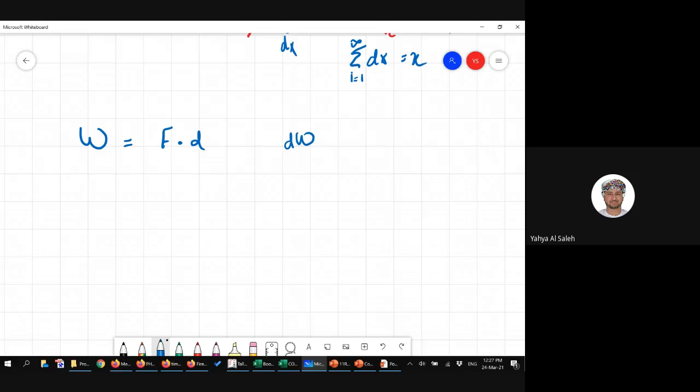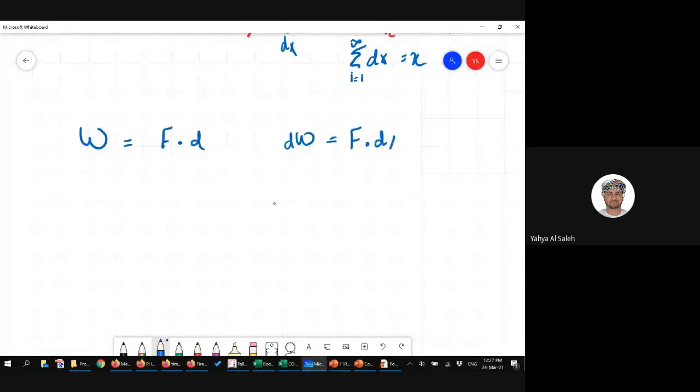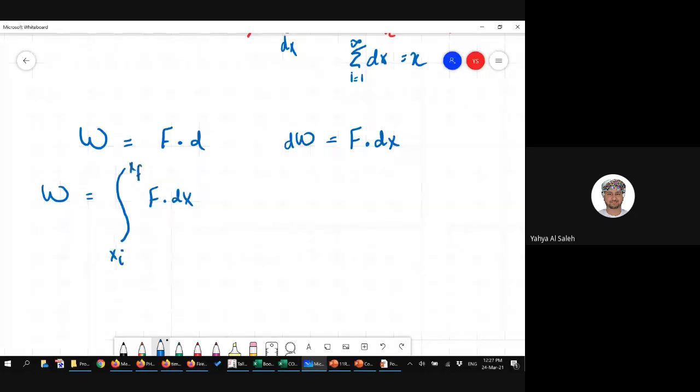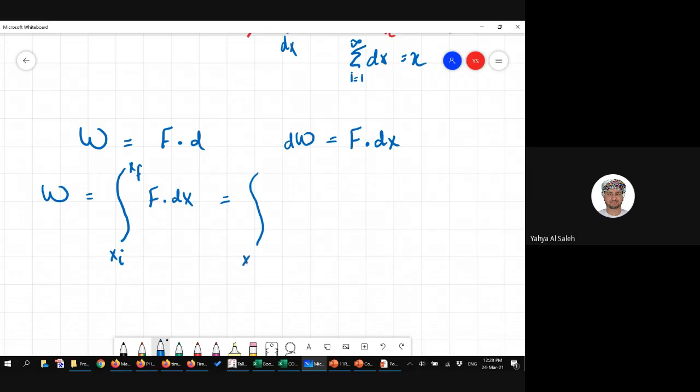Tiny bit of work is equal to the force at tiny bit of distance, right? If I want the full work, then I need to integrate that force into that tiny bit of distance from the beginning of the distance to the end of the distance, right? What is force for a spring? What is the restoring force for the spring, we said?